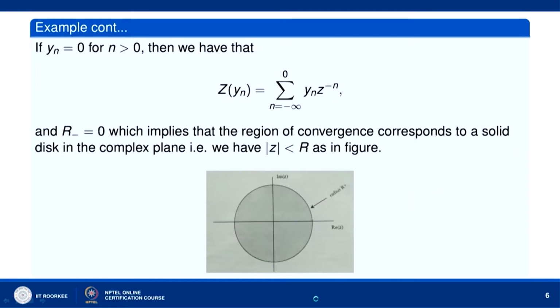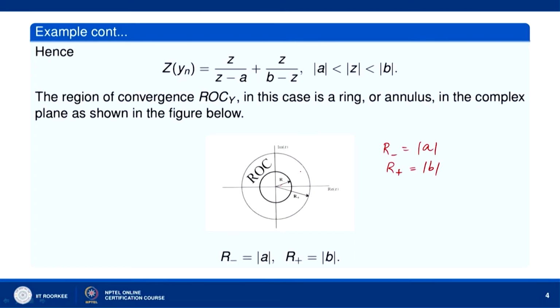Consequently, the region of convergence corresponds to mod of Z greater than R minus as shown in this figure. Now, if y[n] is equal to 0 for n greater than 0, then we will have the Z transform as the sum from n equal to minus infinity to 0 of y[n] Z to the power minus n, and R minus will be equal to 0.